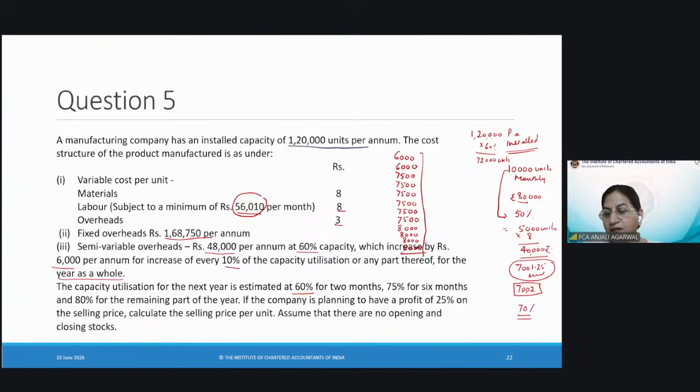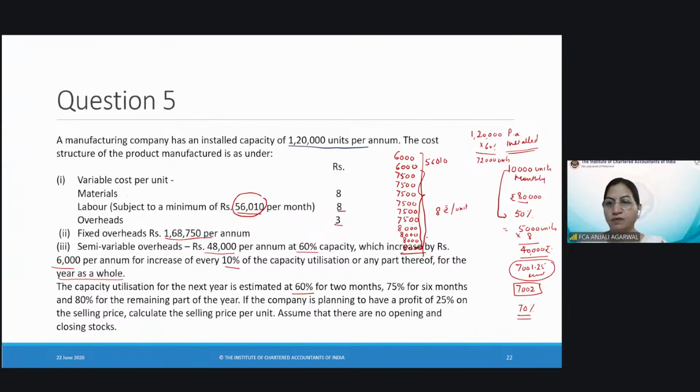We have seen that the labor cost would be how much? Anything below 7,000 units, it's fixed at 56,010. So in these 2 months, labor cost will be 56,010, and in the remaining months, it will be 8 rupee per unit. So how many units have we manufactured?